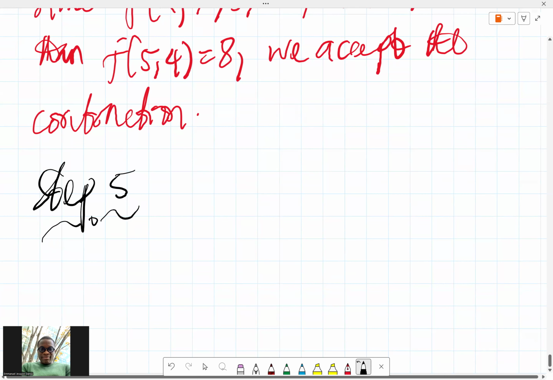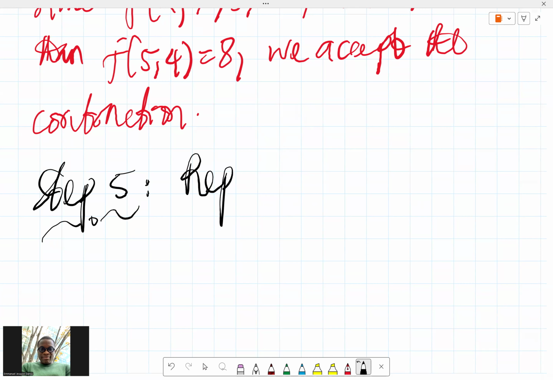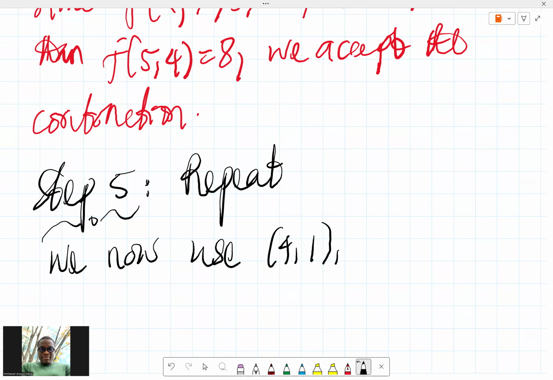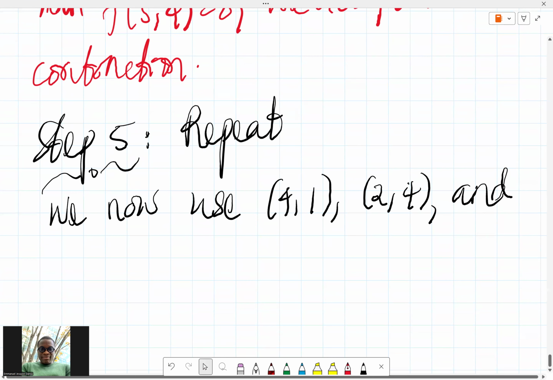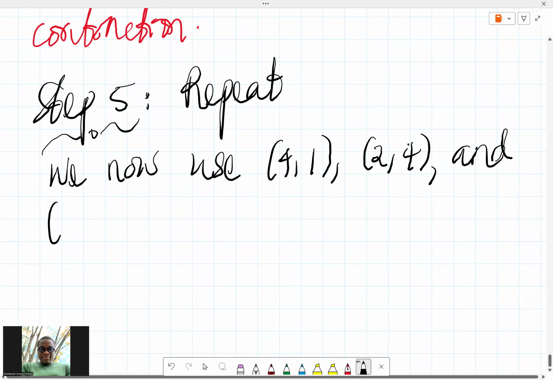Of course, again, we now repeat the process as usual. How do we repeat? We now use (4, 1), (2, 4), which gave us the best results before, the first and second results, and this new contraction point. If the reflection point was better, we would have used it. But since the contraction point is better, we now knock off that last value (1, 1) and use (2, 1.75) as the new point.